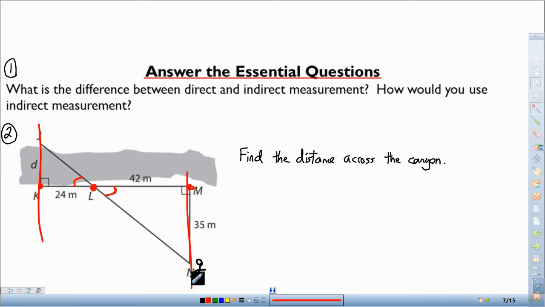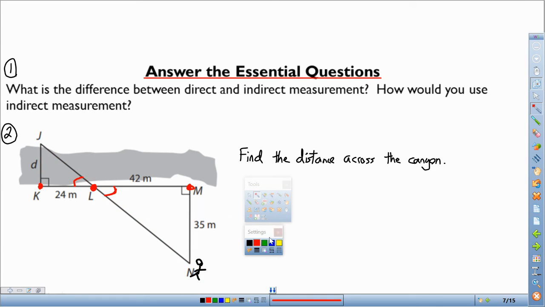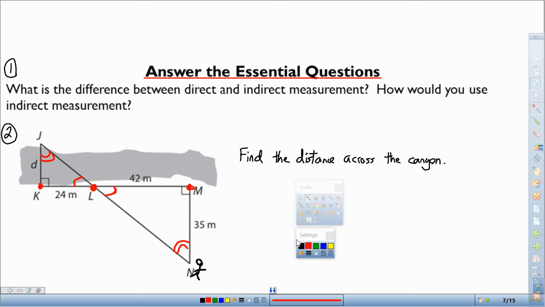There we go. This would be a transversal right here, meaning these angles would be congruent. So again, we're using angle-angle similarity here to create these triangles. But I'm kind of rambling now. Now we can make a proportion and find the distance across this canyon. So again, go ahead and try it out.